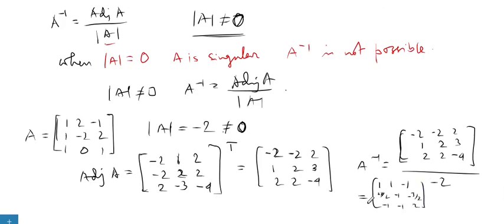There is no space, so I'm finding it difficult to write there. You could do it on your own, in your notebook. Dividing this matrix by minus 2 means divide every element of this matrix by minus 2, then you will get the inverse, or just leave it like this, that would be okay. So this is the inverse.